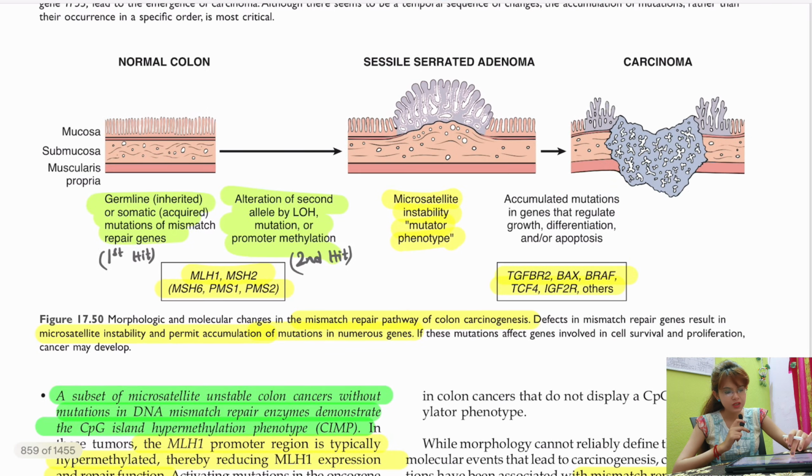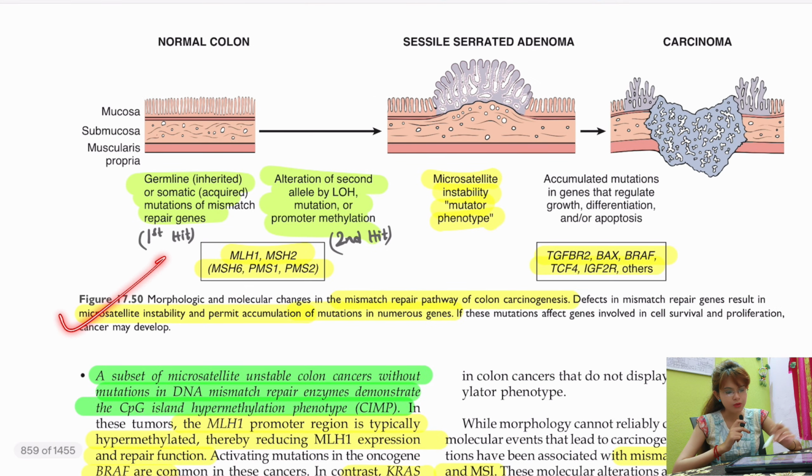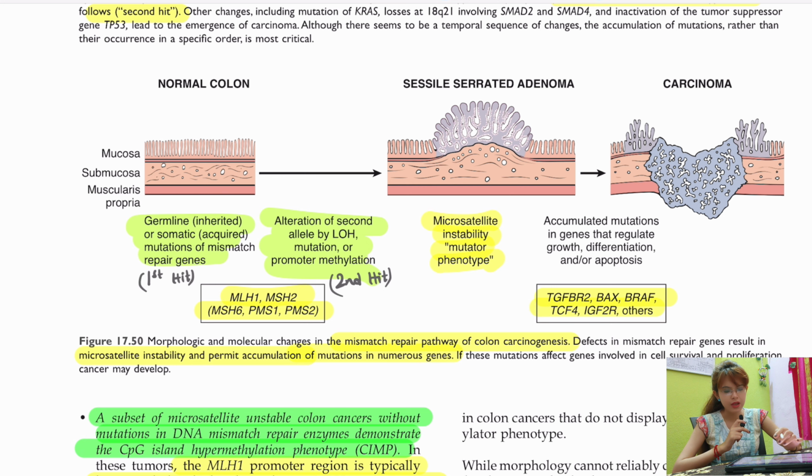Okay, now this is the second pathway, which is the mismatch repair pathway. So in the normal colon, you have the first hit. Similarly, you have the second hit by the help of mutations in these genes, which will ultimately lead to a microsatellite instability mutated phenotype, which further when exaggerated by mutations in all these genes will ultimately lead to carcinoma.